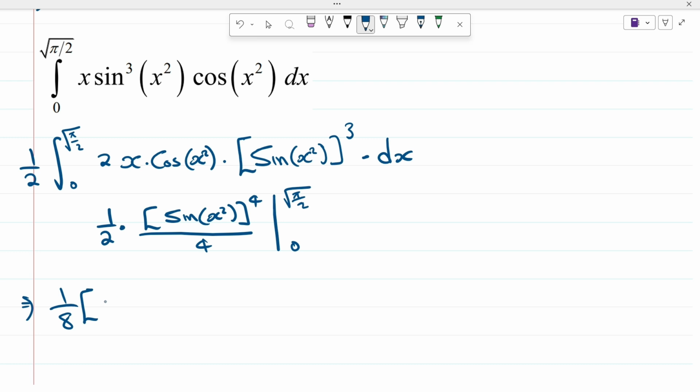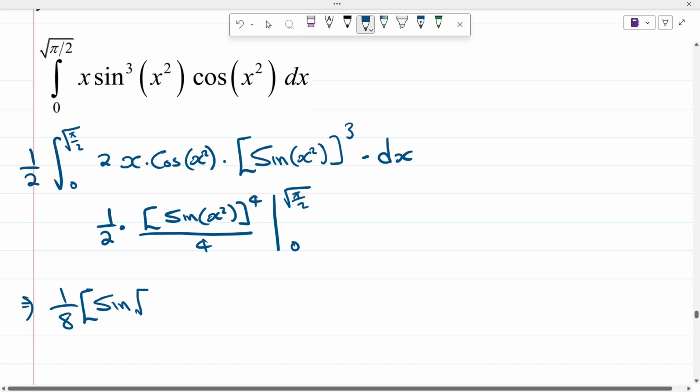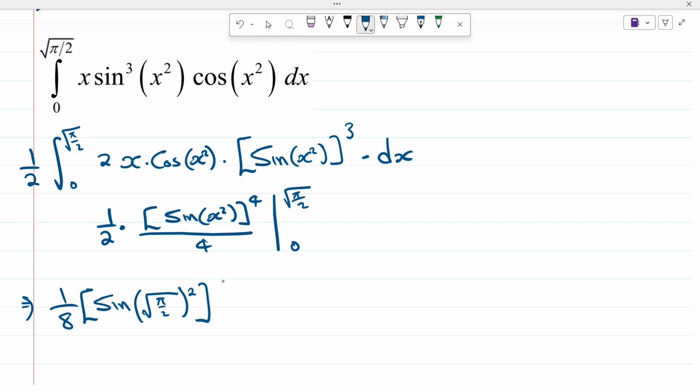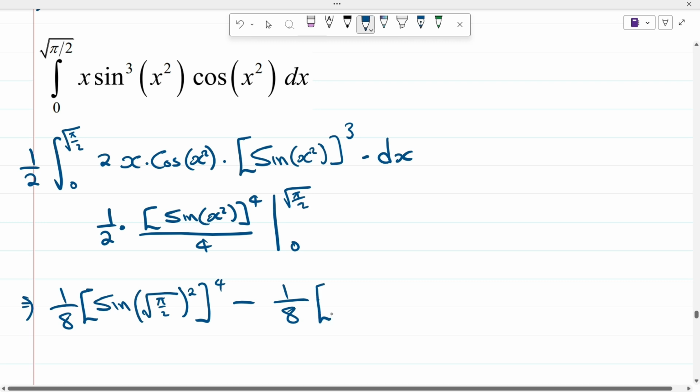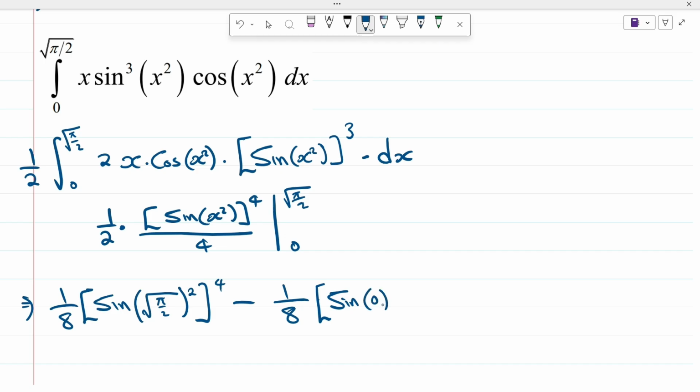This is 1 over 8 multiplied by sine of square root of pi over 2 squared, to the power of 4, minus 1 over 8 multiplied by sine of 0 squared to the power of 4.